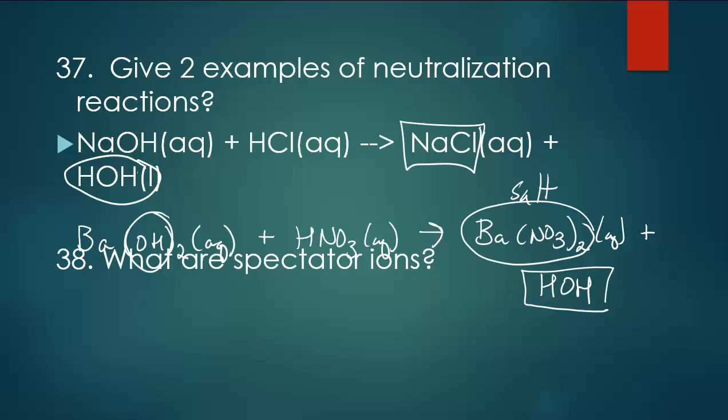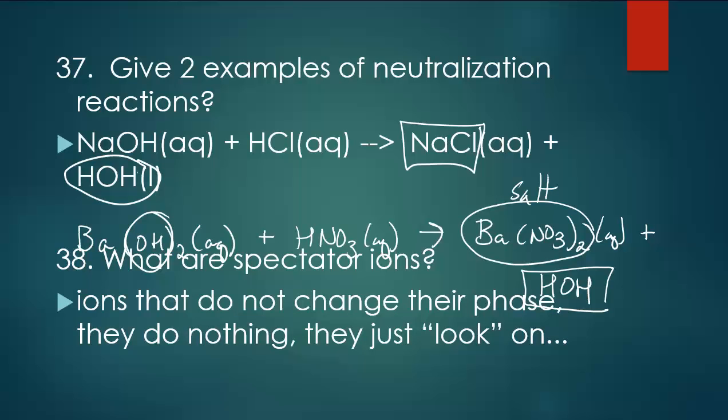What are spectator ions? Well, what are spectators? Do spectators play football games? No, they sit and watch. They may watch cheerleaders. They're spectators. You're watching a soccer game. Do they at all influence the score?